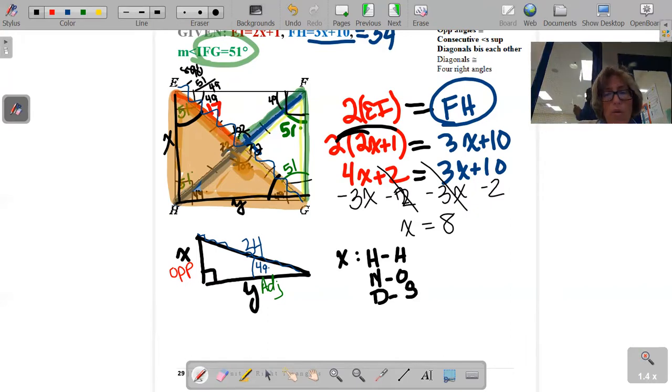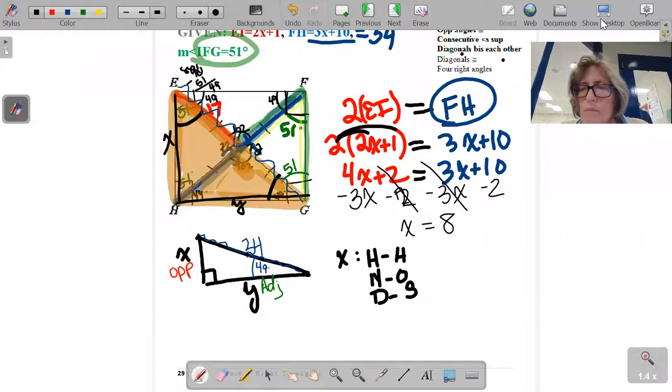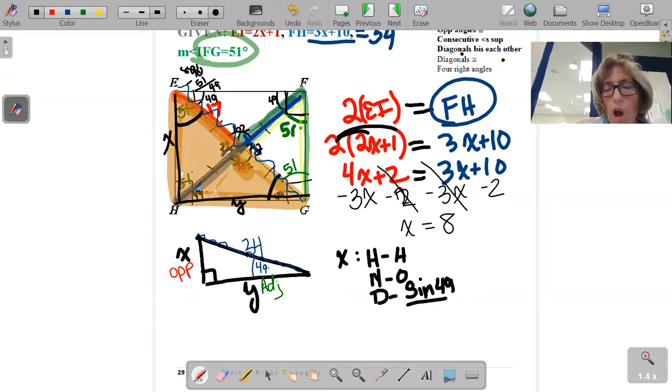So I'm dealing with an O and an H, and so that's going to be sine of 49 degrees over 1 equals opposite, X, over hypo, 34.